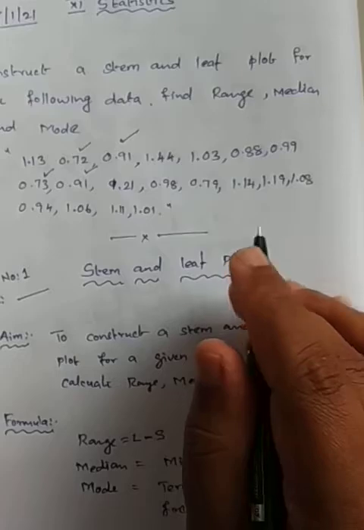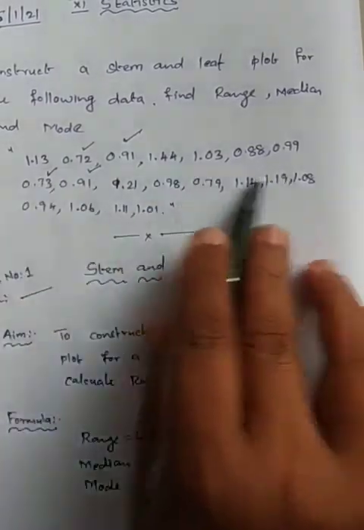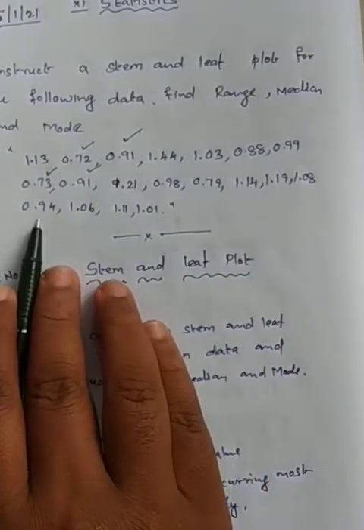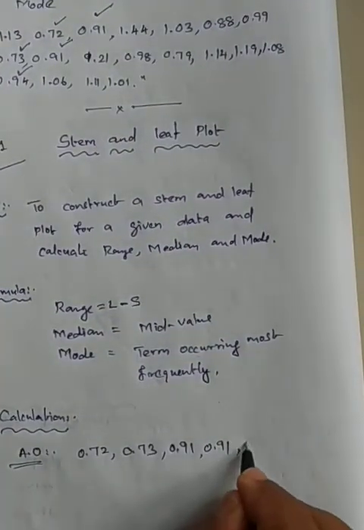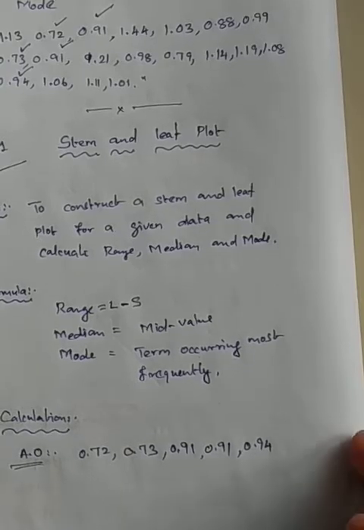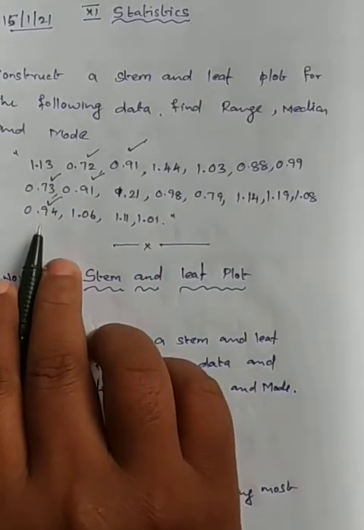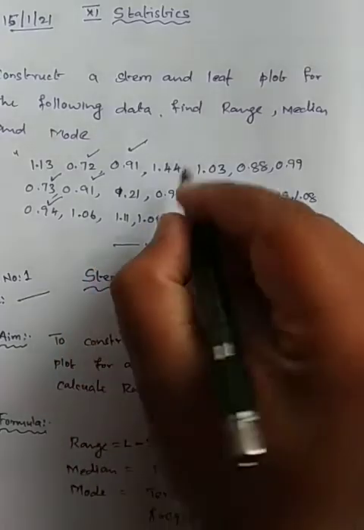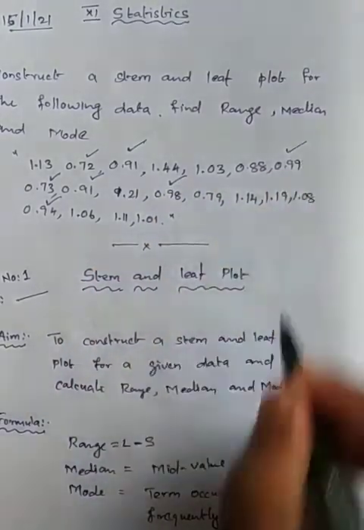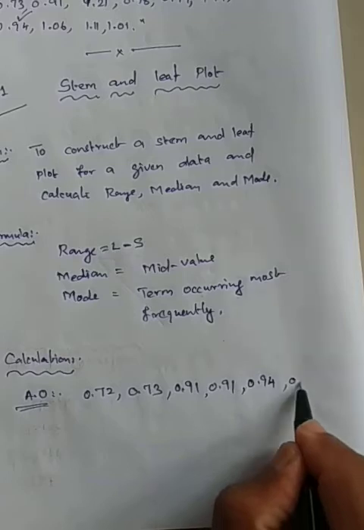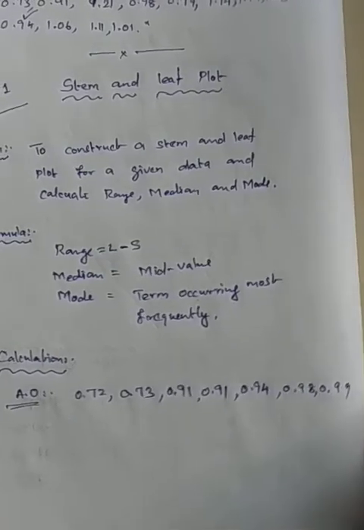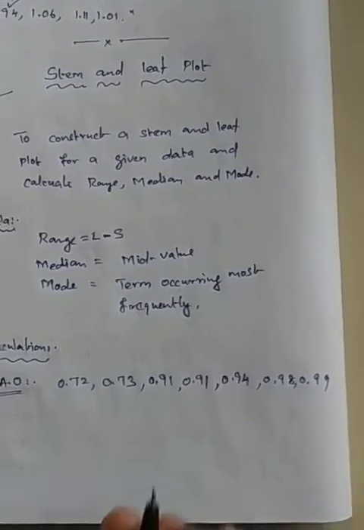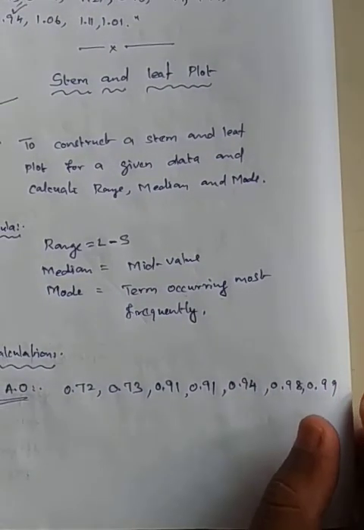Likewise you pick the data. After 0.9, 0.94 is there, so you write 0.94. Next one 0.94. After 0.94, 0.98 is there, and then 0.99, so those two values, 0.98 and 0.99, will come. I have written them here.